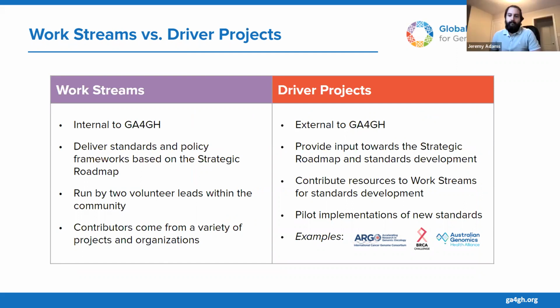And they have committed to contributing resources to GA4GH and to both participating in the work streams and piloting the products of the work streams. The work streams are internal to GA4GH. They are the bread and butter of GA4GH. They are the workhorses, the groups that do the work of creating the standards.